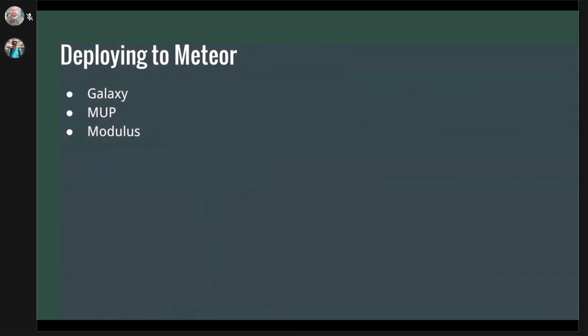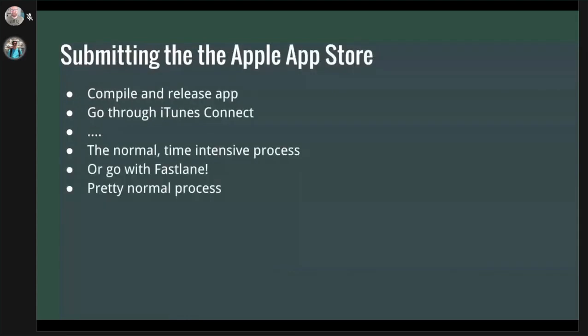MUP, which is open source and allows you to deploy a Meteor app to DigitalOcean or AWS, that kind of stuff. And then Modulus is similar to Galaxy. It's just another way to deploy a Meteor app. So that's the first step you've got to take, to actually deploy your Meteor app.